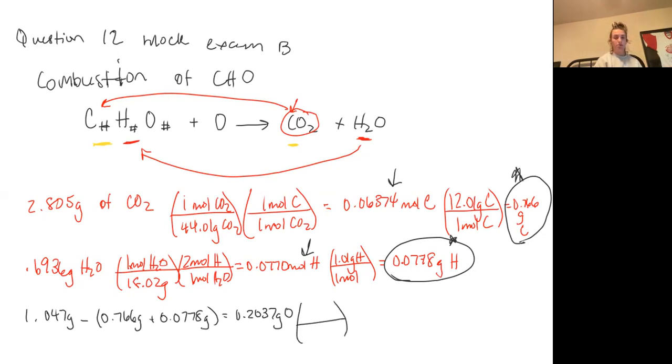So same thing, this time we're going to use the molar mass by dividing, because we need to get to moles. So 1 mole of oxygen is 16.00 grams of oxygen. And so we end up with 0.0127 moles of oxygen.